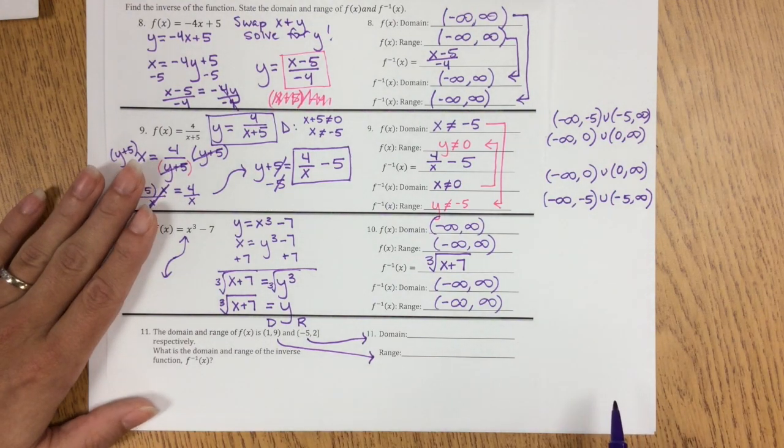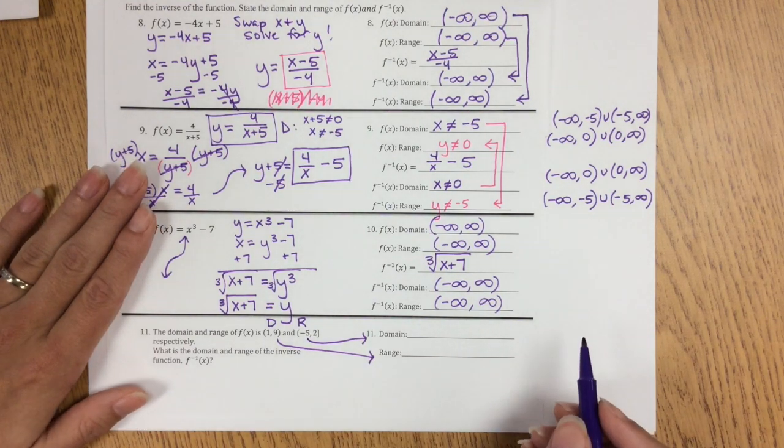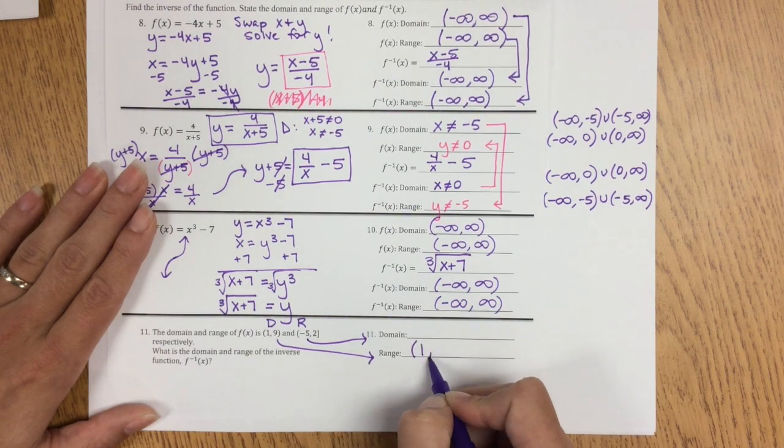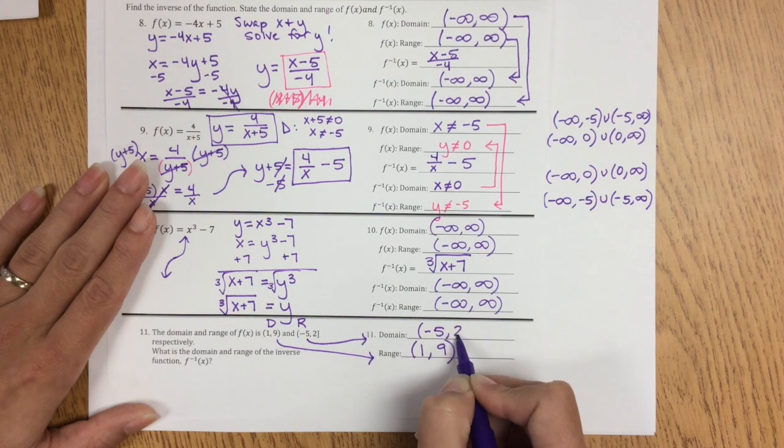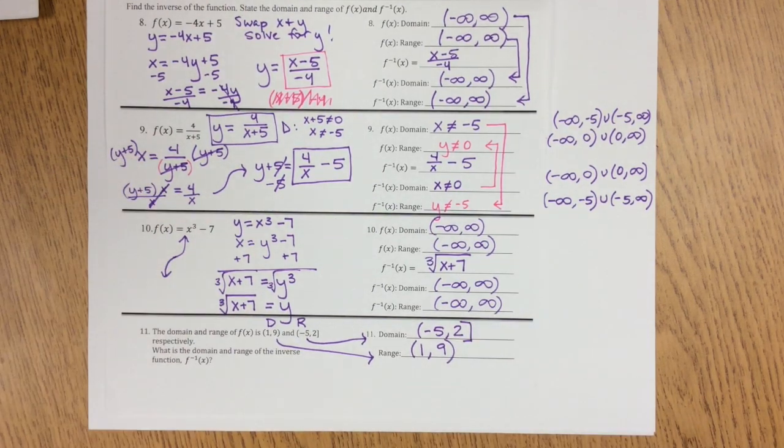And you do not change it, you just swap them. So right here, I'm going to write 1, 9, and right here, I'm going to write negative 5, 2. Make sure you put your brackets and parentheses the same way you see them.